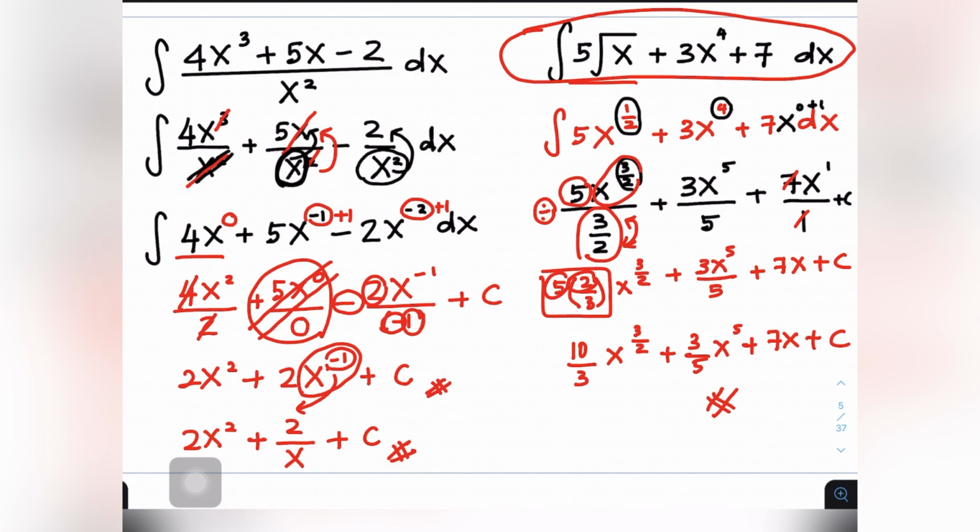So the important thing is the integration process also involves 2 steps, where the first step is you need to add your power with 1, and the second step is you need to divide everything with the new power. But what is the important thing that you need to remember is each and every time you do a process of integration, you need to put plus c at the back of your equation.